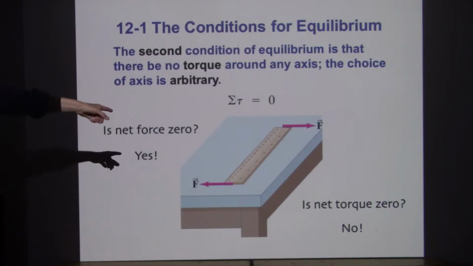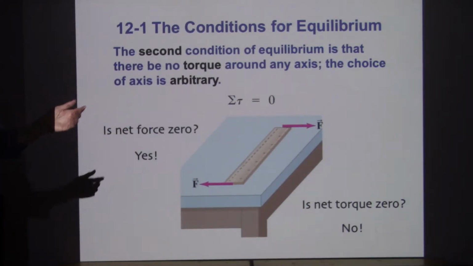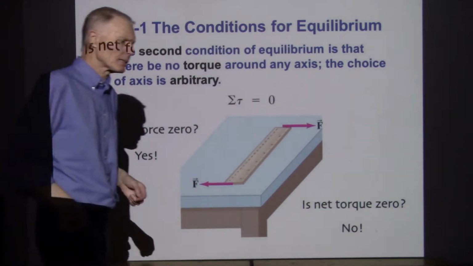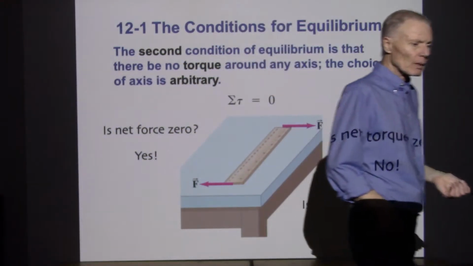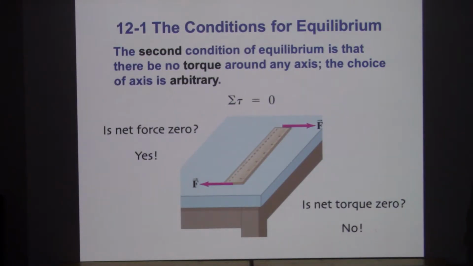If there's a net torque, like there is in this case, this thing is going to start to rotate. So this is why we had to do chapters 10 and 11 before coming back and doing statics. We had to learn about what torques are, because torques are going to be just as important, we're going to find out, in most problems, more important than analyzing the forces themselves.